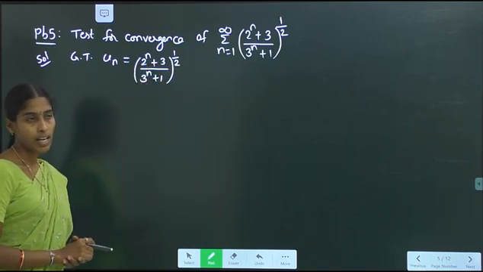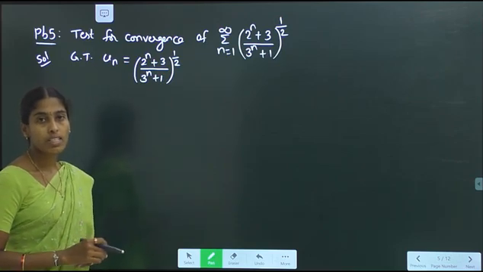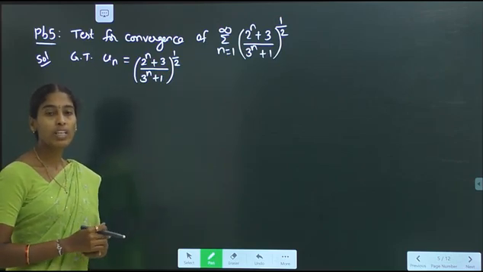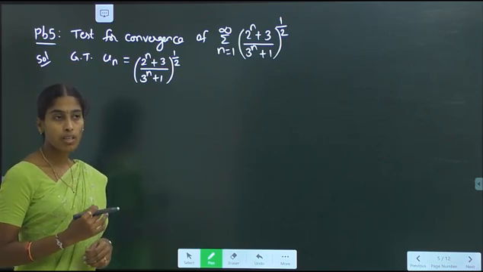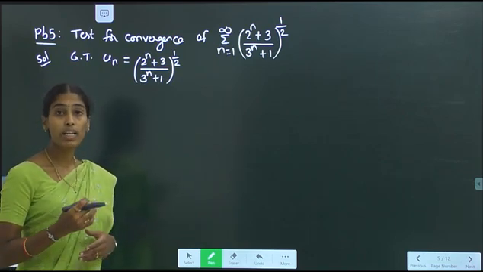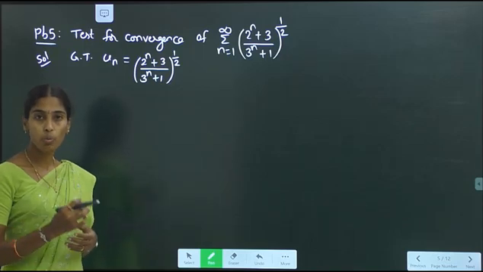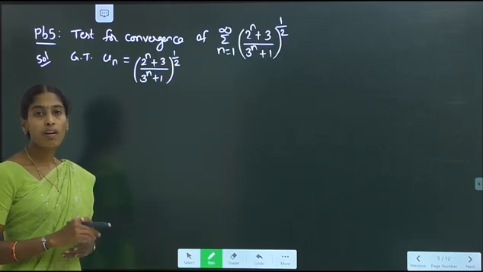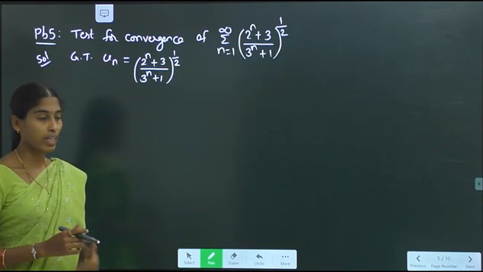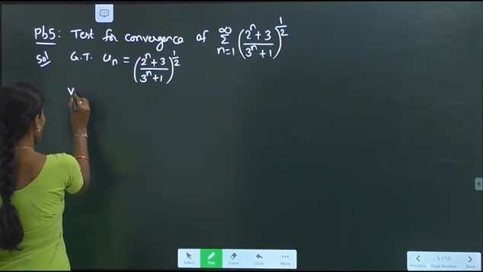Already in the last class we discussed how we can write the Vn term. Vn is nothing but the maximum power or maximum degree of n present in the numerator of Un by the maximum degree of n available in the denominator.